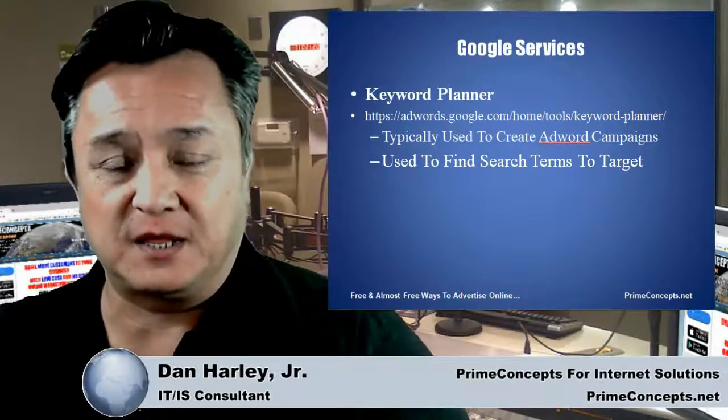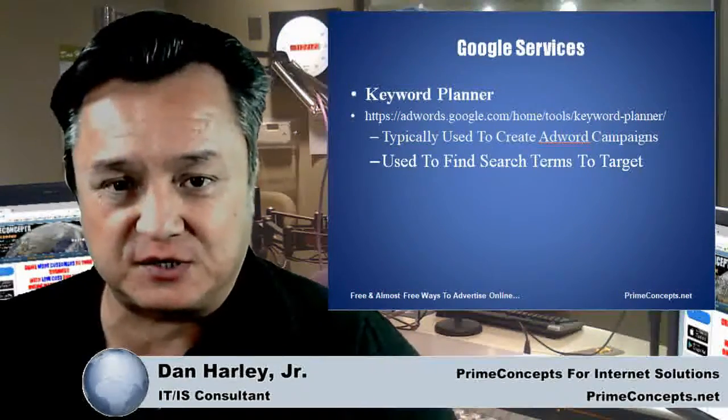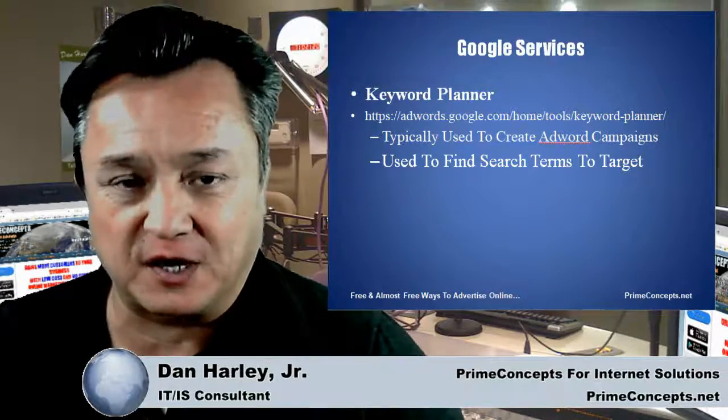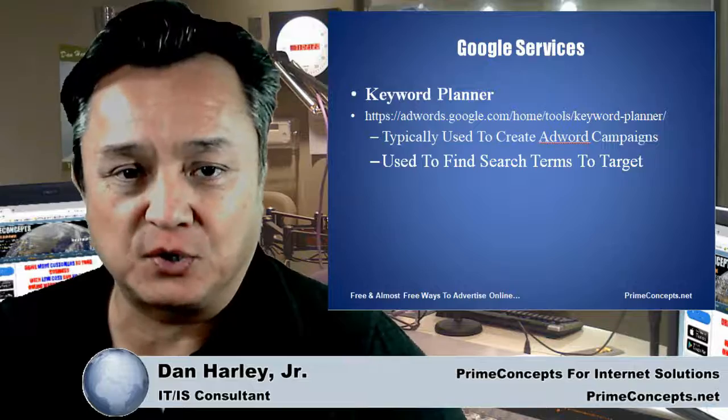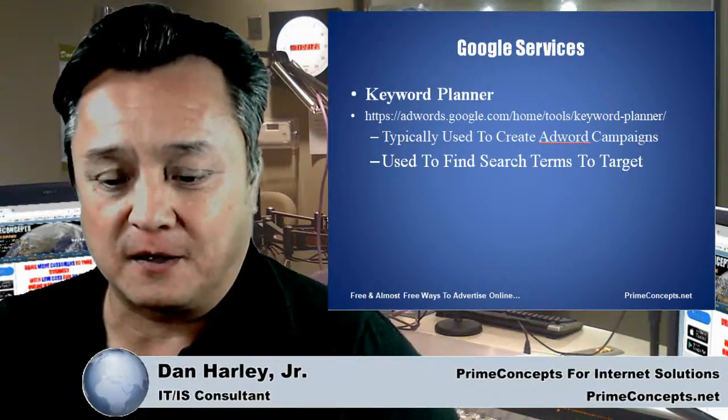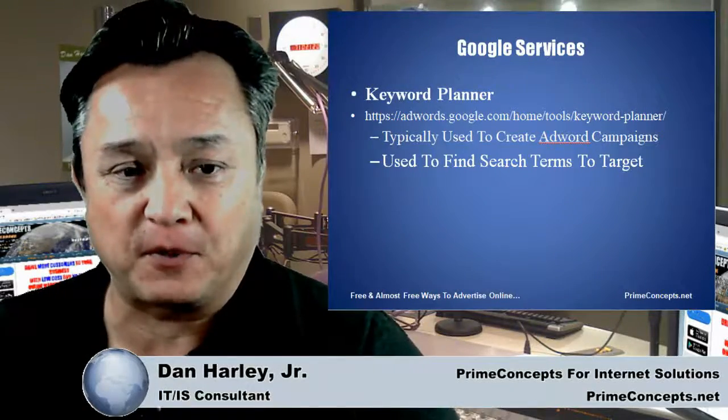search terms and how much traffic these terms have, where they have a lot of competition, whatever. So you're able to get lots of real-time information on search terms and traffic and popularity.